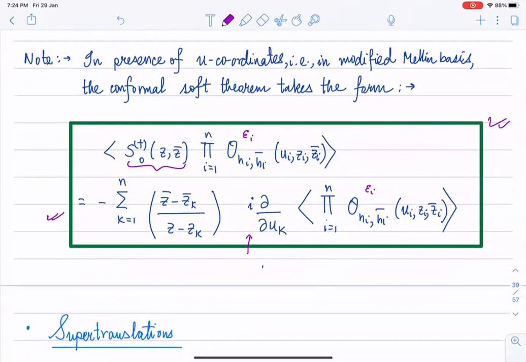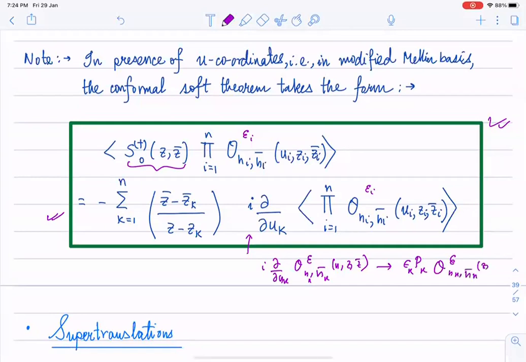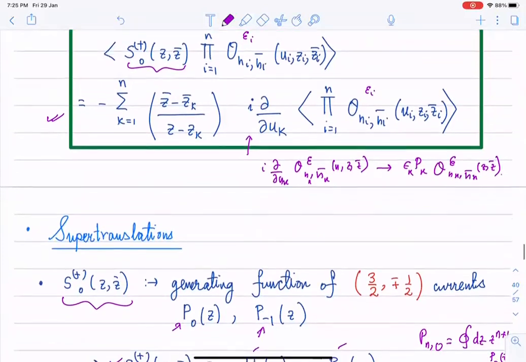But it turns out that i del_u^k O_{epsilon, h_k bar} in the modified basis is related to epsilon_k p_k times O_{epsilon, h_k bar}(z, z bar). Yeah. So in this case, that is what happens. Nice. Right.